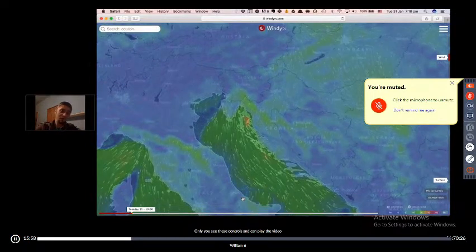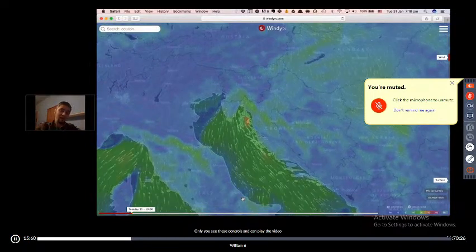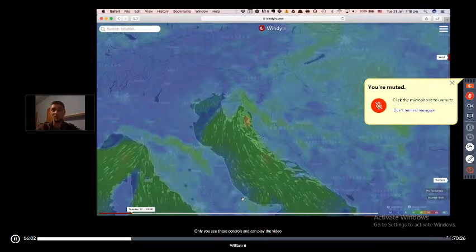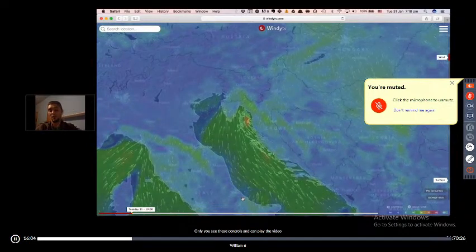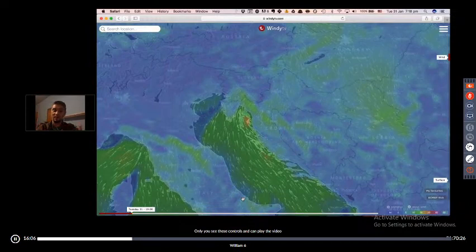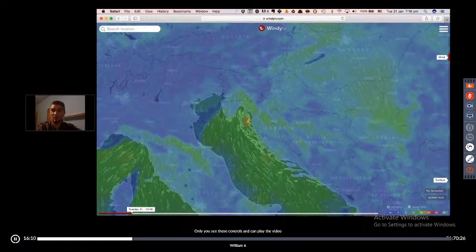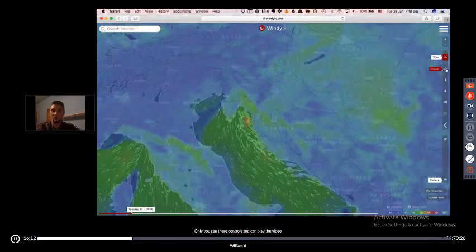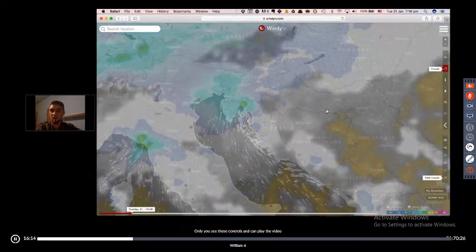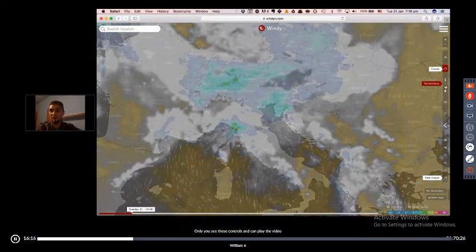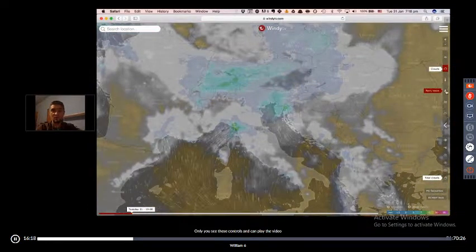So you can see here on this image that wind is coming from the south. If you're on your site, you can then see what the general weather pattern is that is bringing that wind. But then you can also switch to see how the clouds are looking, and the pressure also.